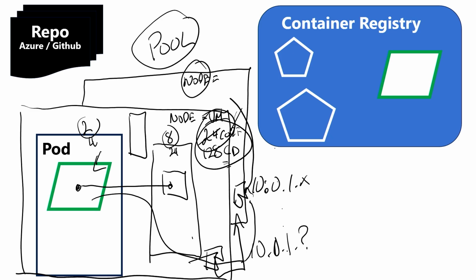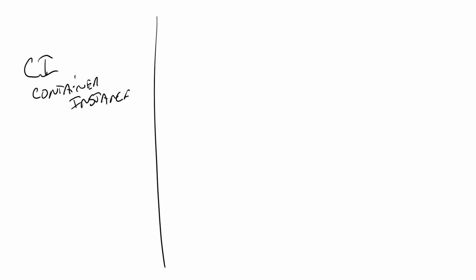So as we go through this module, we're going to take a look at what is a container. And so we're going to take a look at a thing called a CI, or container instance. We're going to take a look at a feature called a container app.